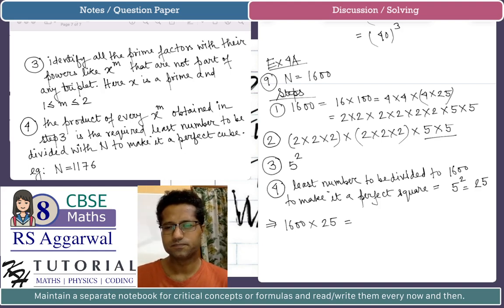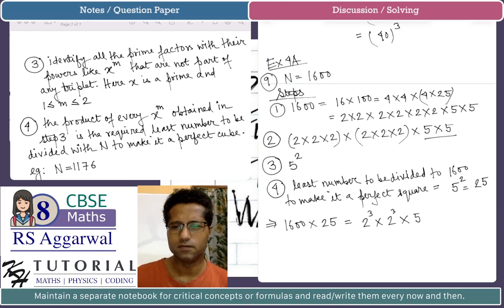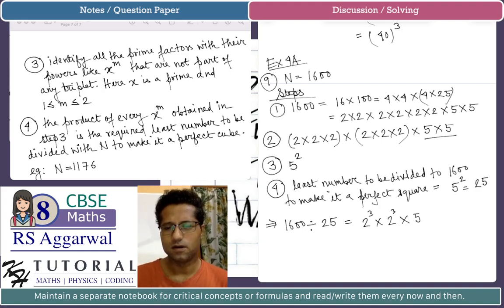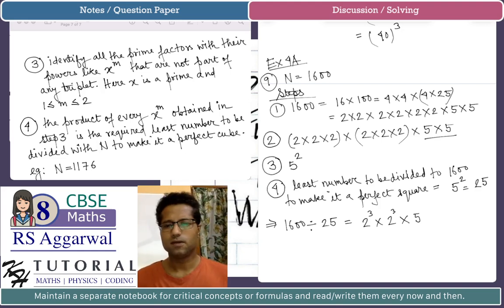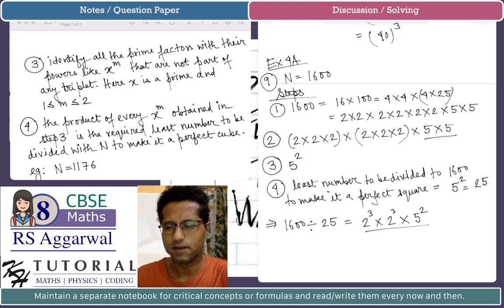This is nothing but, from the prime factorization in step 2, we can say that this will be 2 cube multiplied by 2 cube multiplied by 5. Sorry, we are not multiplying, we will have to divide. So 1600 divided by 25, and 1600 is from the step 2 prime factorization. We can see it is 2 cube multiplied by 2 cube multiplied by 5 square, and this is divided by 25.